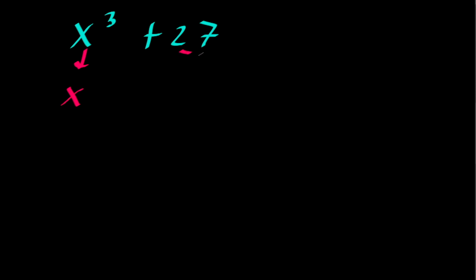Now I need to look at 27 and ask, could I rewrite this as a number to the third power and still end up with 27? We could, because the cube root of 27 is 3. So 3 to the third power is the same as 27. So my a is going to be x, and b is going to be 3.